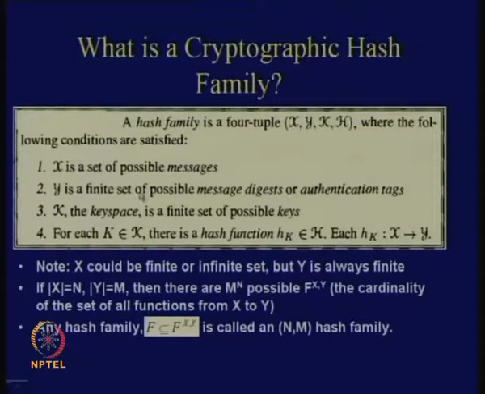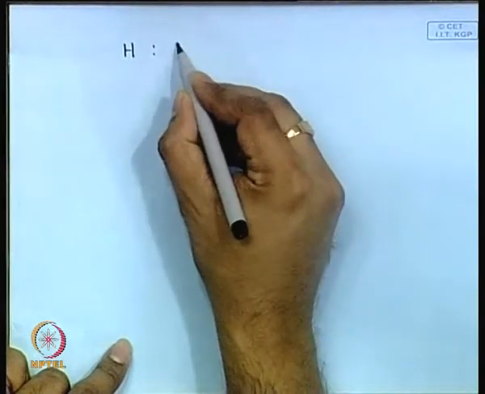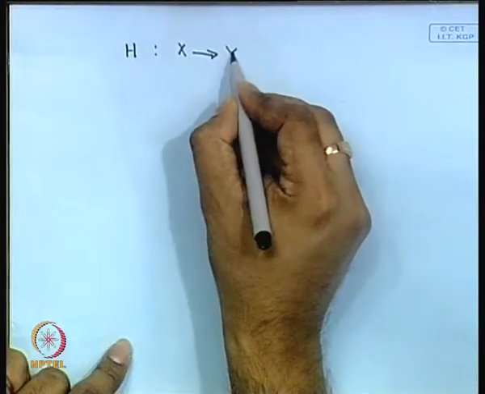So here x is a set of possible messages, y is a finite set of possible message digests or authentication tags, and k is the key space, a finite set of possible keys. And what about the function h? h are all possible mappings from x to y. So you can understand that h essentially is a function from x to y.